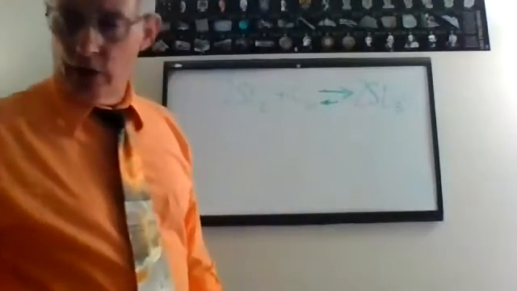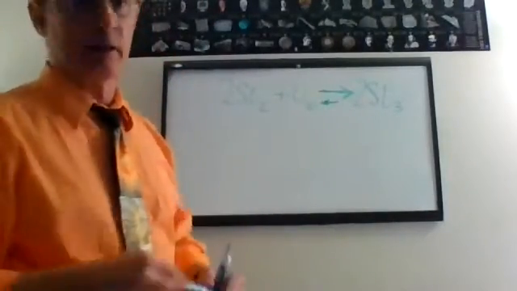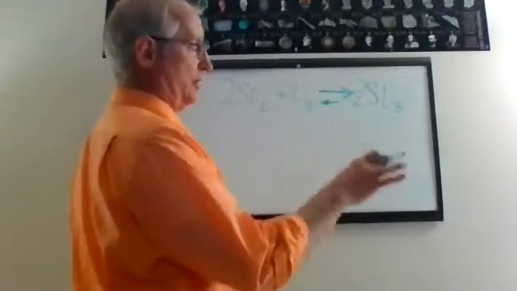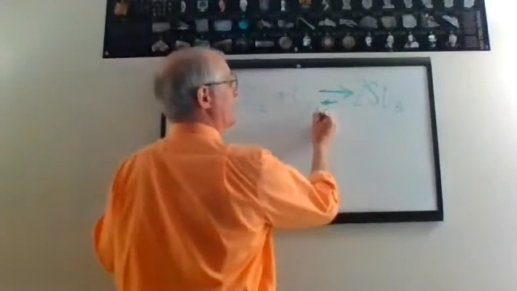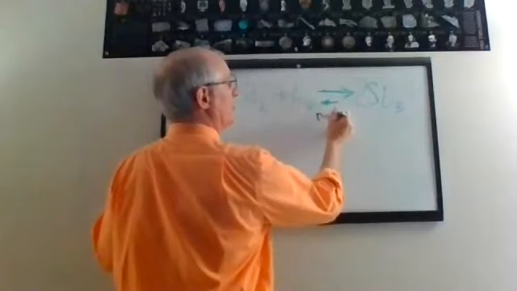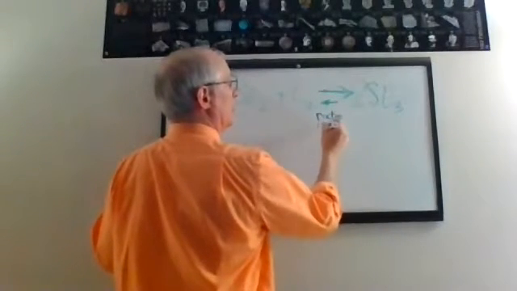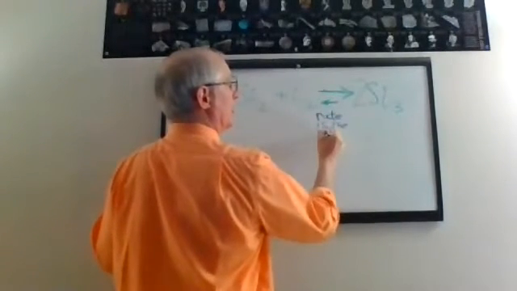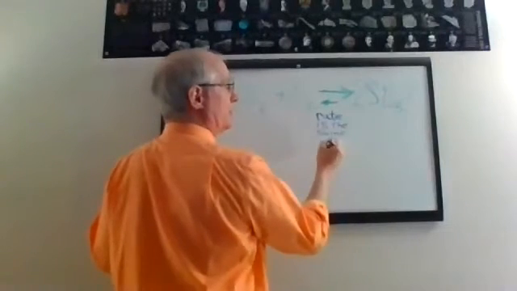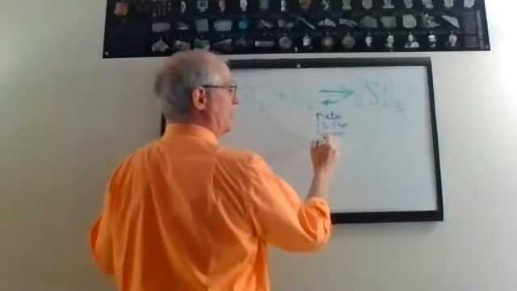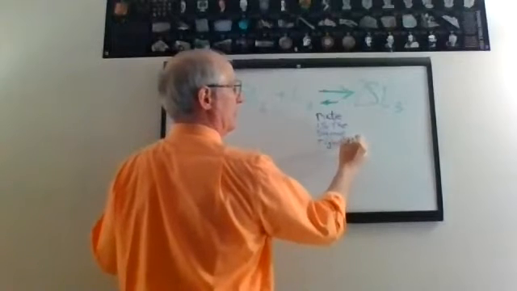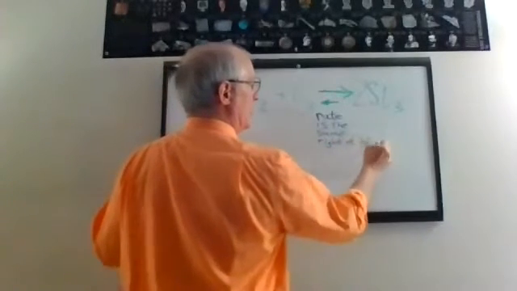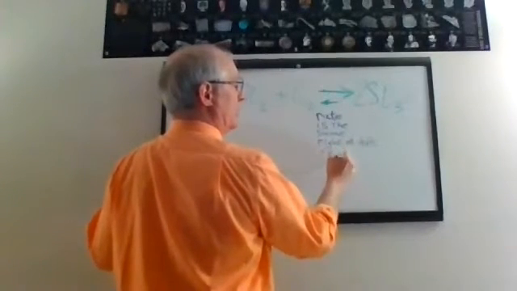Those arrows are not talking about the rate at which the reaction is proceeding right or left. The rate is the same, whether it's going towards the left or towards the right. That's why we call it equilibrium.